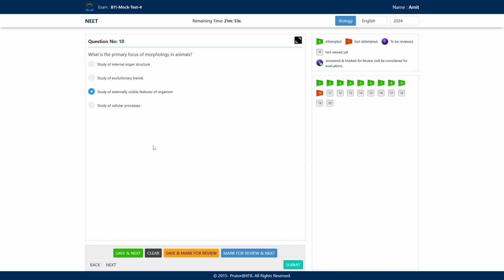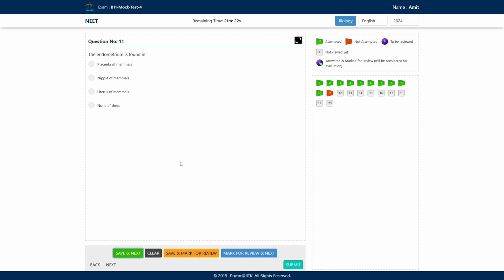Only how the plants and animals visibly look from the outside. Like when you study the frog, then there is a topic called morphology of frog, right? So how the frog looks from outside. It is having a trunk region, it is having a head region, right? So that gives you the external feature of that organism. Okay, let's opt this as the correct option and save it and move to our next question.